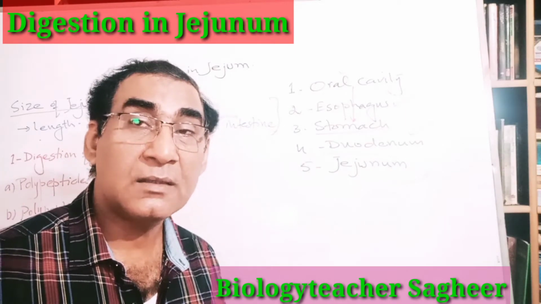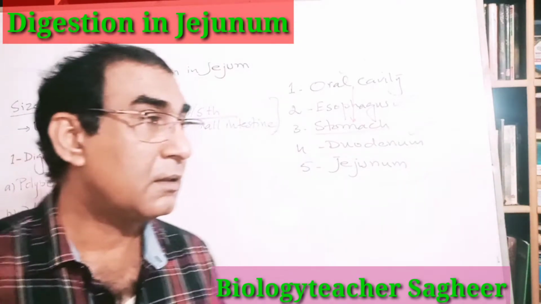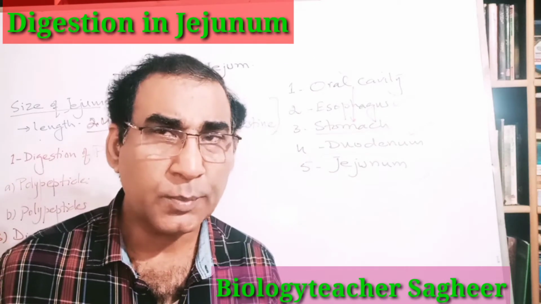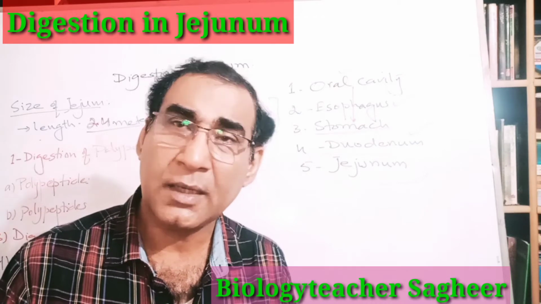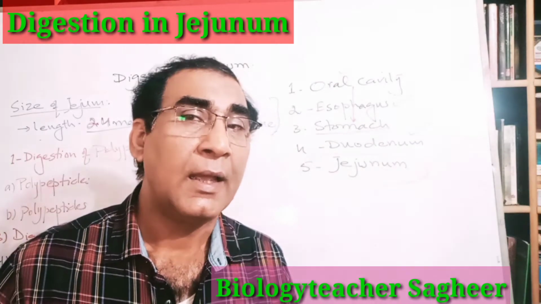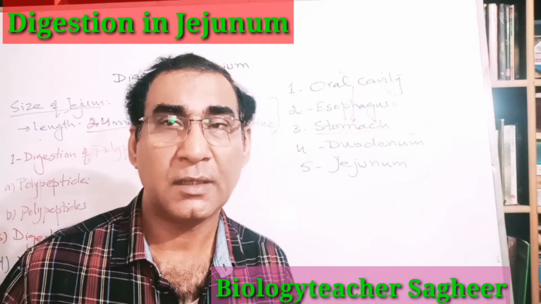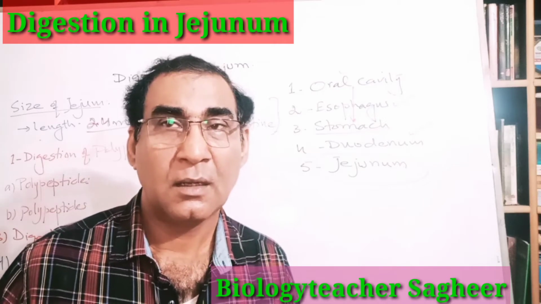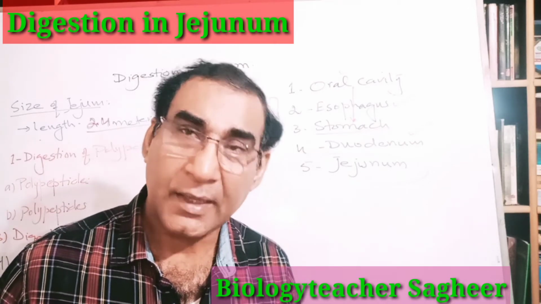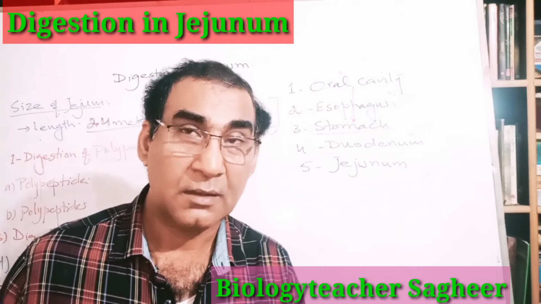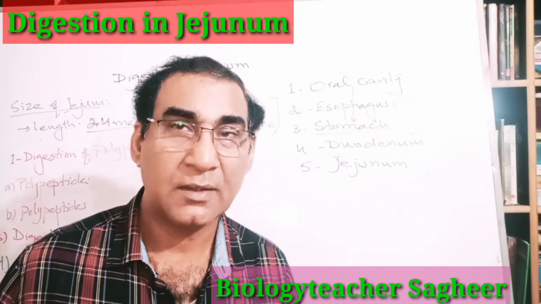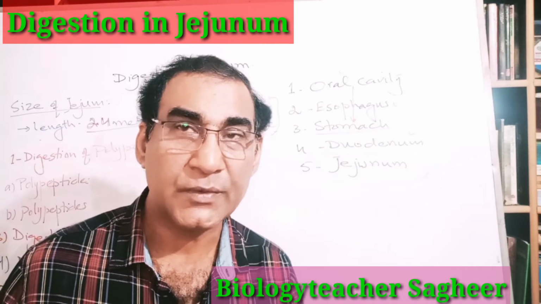Complete digestion means the food material should be converted into molecules which can enter the cell membrane of the villi. The absorbable material is achieved by complete digestion of the food material.